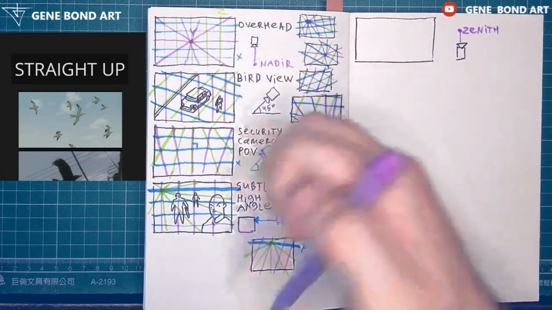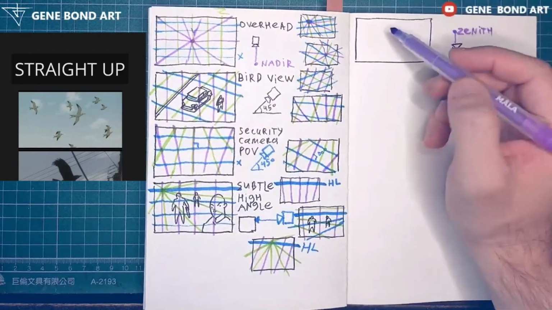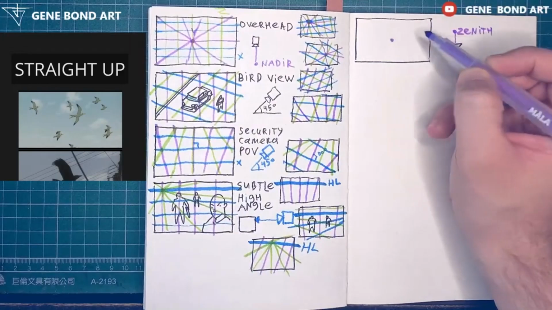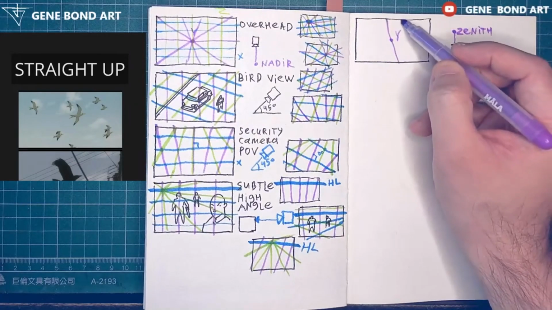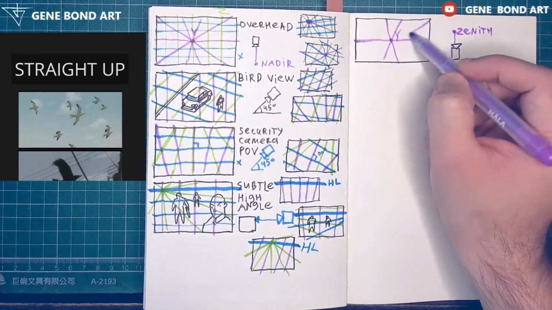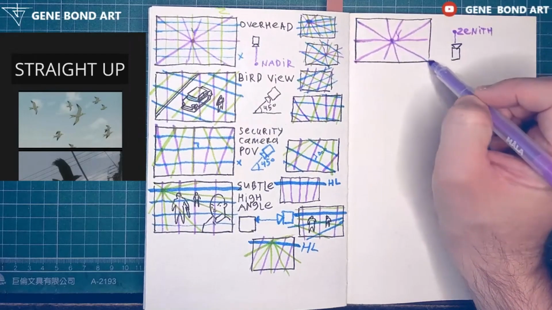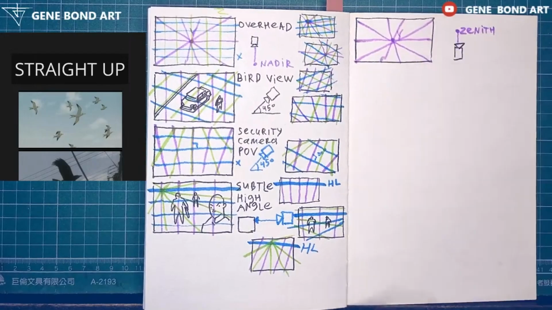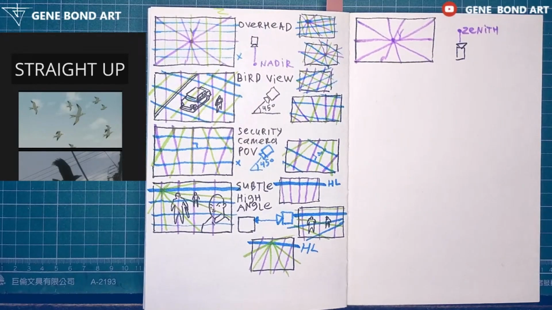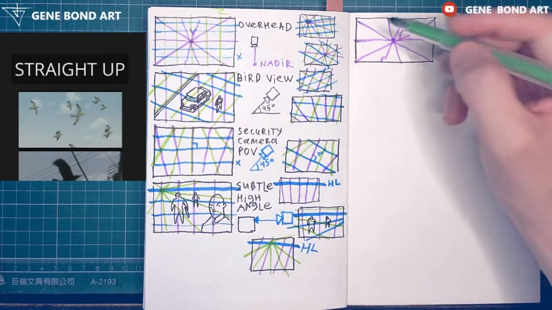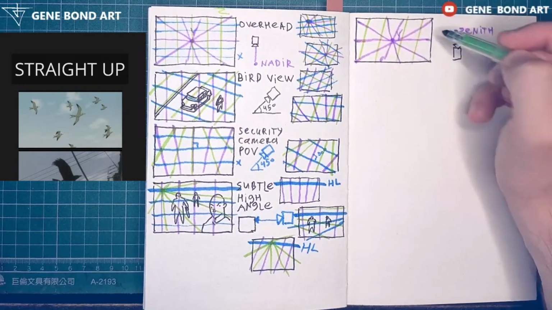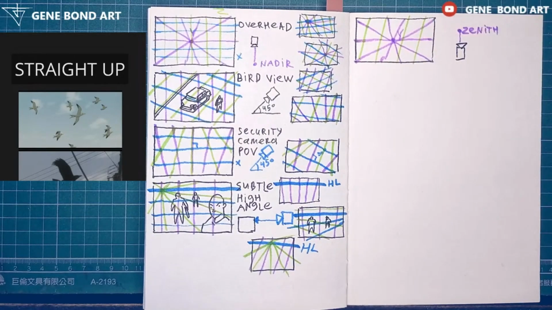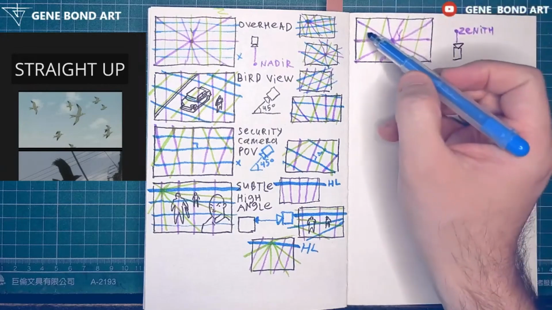But it's kind of exactly the same as overhead. If we talk about the perspective grid, it's just the Y vanishing point in which all vertical lines converge. It's just this vanishing point not below, it's above. And same, you can draw whatever direction you want for parallel lines for z and x.